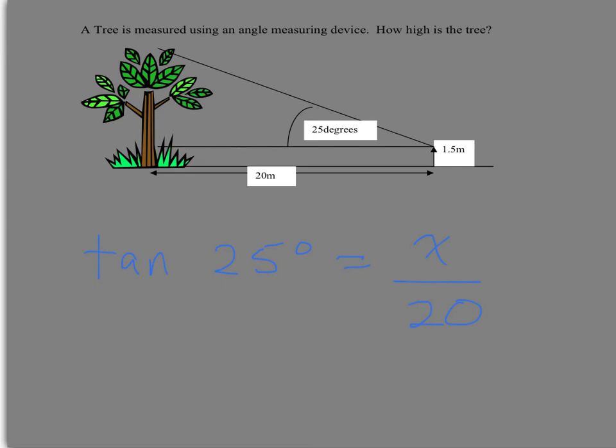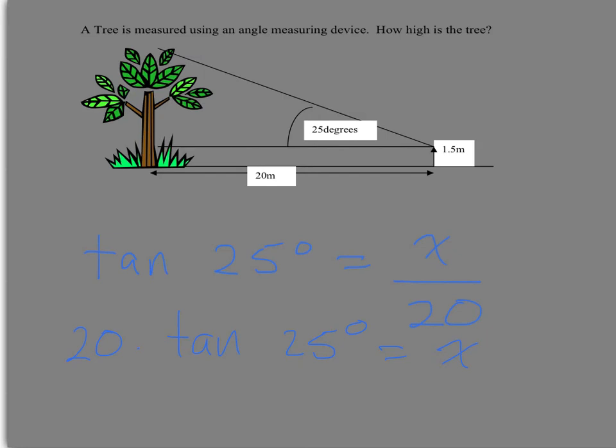Now, how do we get the x by itself? That should be pretty easy. We're going to multiply both sides by 20, and that will give us 20 times tan 25 equals x.